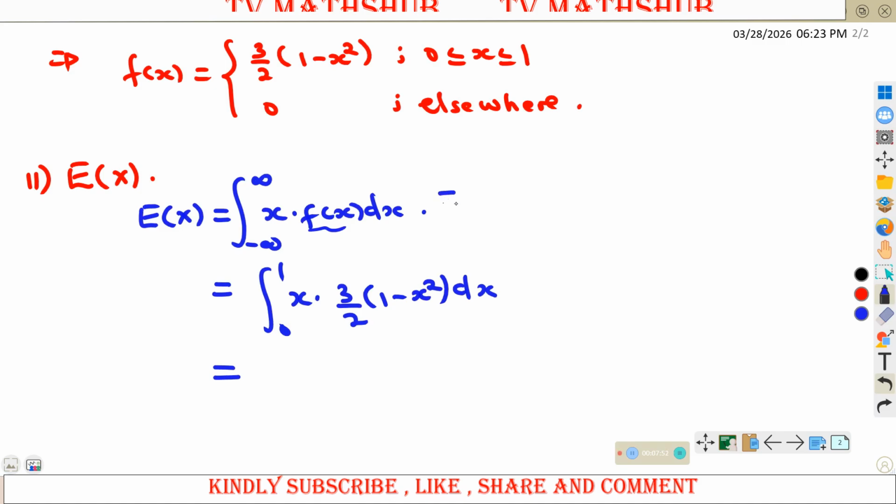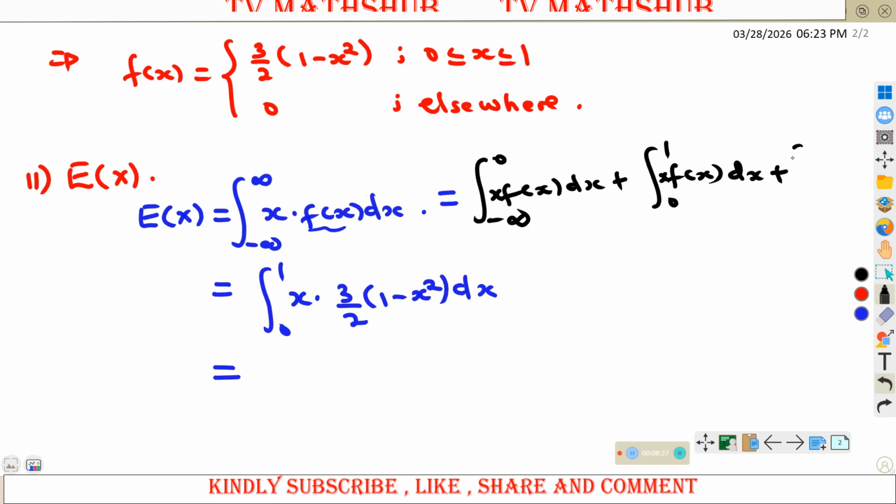In general, you are supposed to write this as the integral from negative infinity to 0 of x f of x dx, then from 0 to 1 of x f of x dx, then plus from 1 up to positive infinity of x f of x dx. But of course the first and last are 0 because of the 0 elsewhere, so we only remain with this. That's why we are writing this.